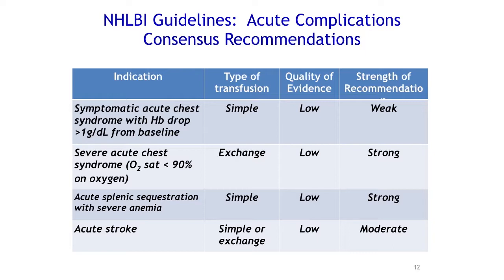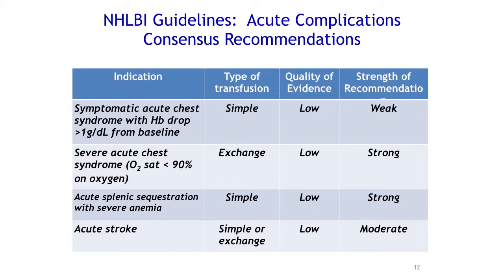So this would constitute severe respiratory distress in a patient with respiratory symptoms and underlying sickle cell anemia, plus or minus a febrile episode. So in these states, there is a recommendation that is strong enough that we should do exchange transfusion.